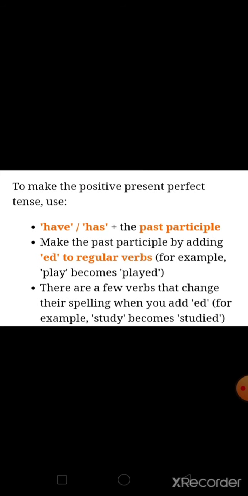Now the present perfect simple tense. How to form the present perfect? To make the positive present perfect tense, we use has or have plus the past participle. Make the past participle by adding ed to regular verbs.